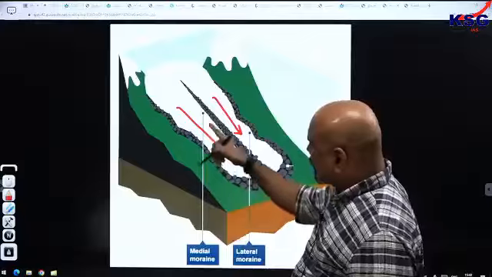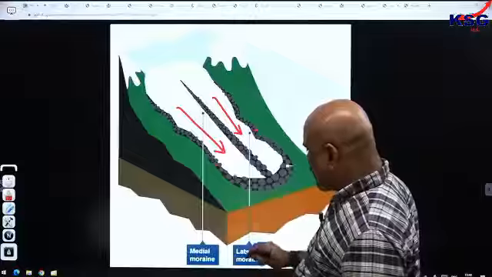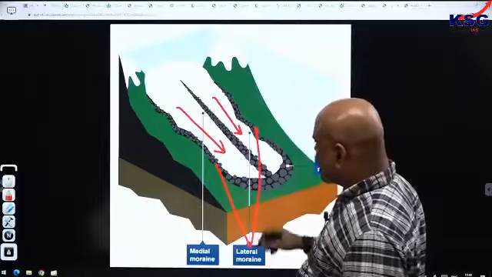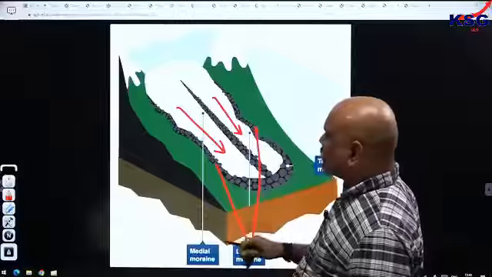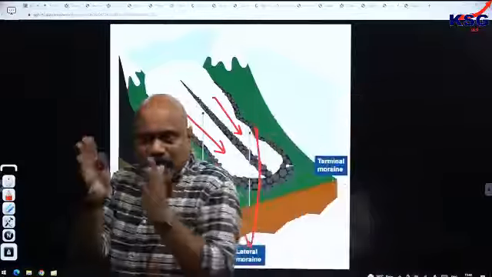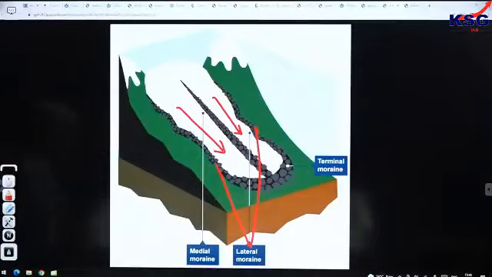But both sides of this are lateral moraines. Look, this side also is lateral moraine, and this one is also lateral moraine. Both are lateral moraines. When the lateral moraines of two side-by-side glaciers meet and merge, they form the medial moraine. Can you see this?